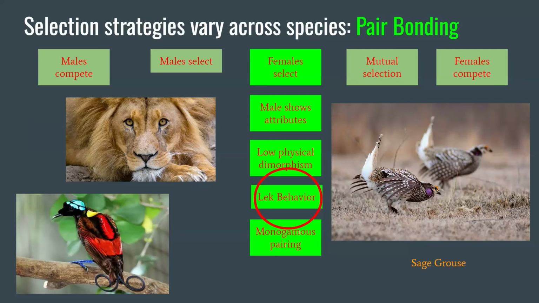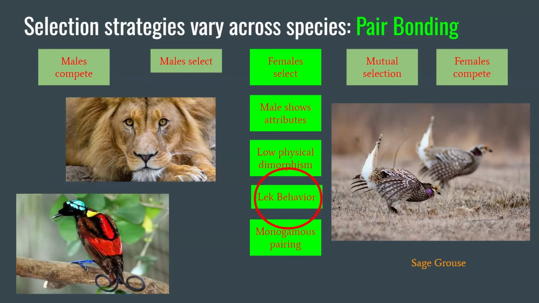And another thing males do that's very strange is they have lek behavior. And let me tell you what lek behavior is. If you look at the picture on your right, those creatures are sage grouse. And what happens with sage grouse and a lot of other species is the females form a ring and the males go into the middle of the ring, and they have the brilliant plumage because the females are doing the selecting, and they display their brilliant plumage, and then they dance in a circle.